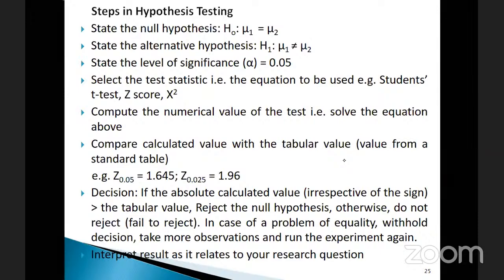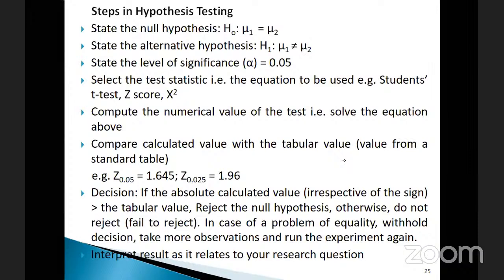Now, in hypothesis testing, we have what is called a null hypothesis. The null hypothesis is a no difference hypothesis. And then the alternative hypothesis is, for instance, you see here, mu1 is equal to mu2. That's null, no difference. Now, the alternative, mu1 is not equal to mu2.